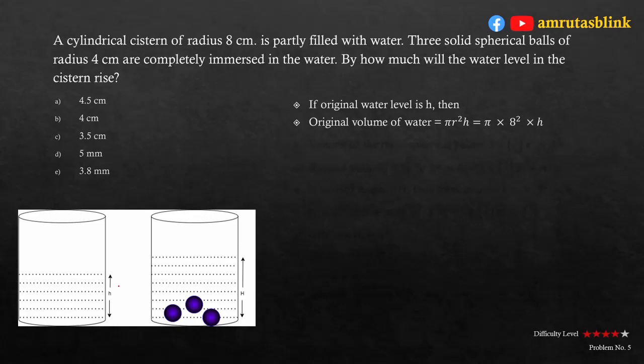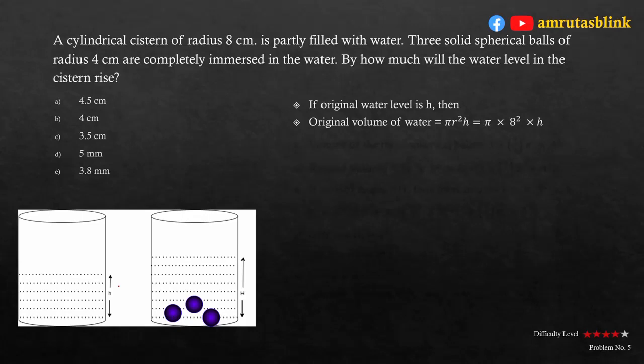Now we know that the volume of a cylindrical shape is calculated by the formula pi r square h. So the original volume of water is pi r square h, that is pi into 8 square into small h.